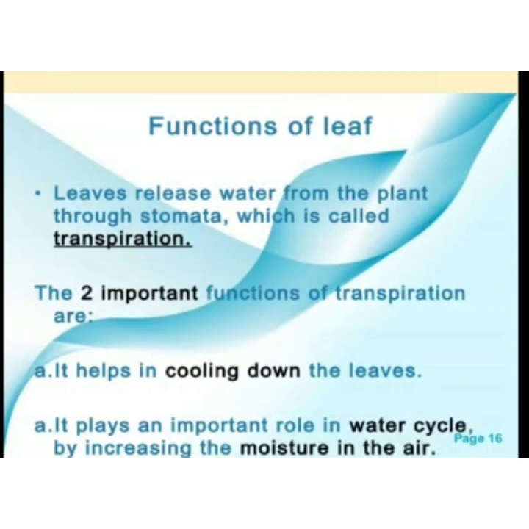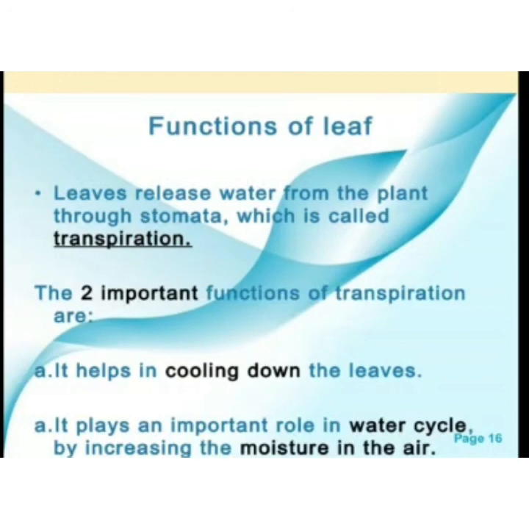Students, to understand what transpiration is: the process by which a plant releases some amount of water through the leaves is known as transpiration. What are the two important functions of transpiration? Why is it essential for plants?